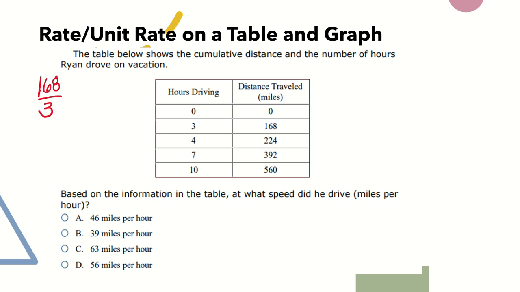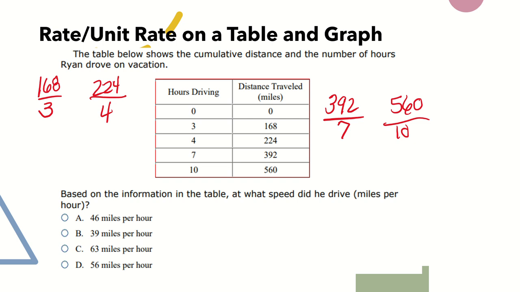That's one of our ratios. 224 miles in 4 hours, 392 in 7, and 560 in 10. It does not matter which one you use, but of course I like to use the smaller number.